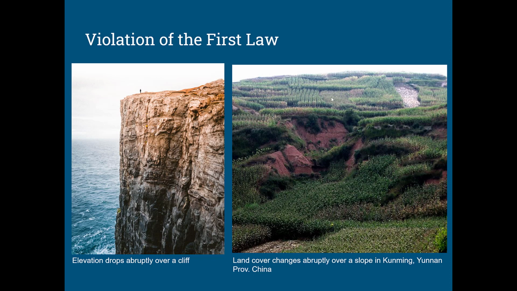And you can see here in this case we have the loss of the soil and the loss of the vegetation, right? In this space you have grassland, you have crops, but next to it it's just this barren land. Even landslide over here. So there's another violation of the first law.